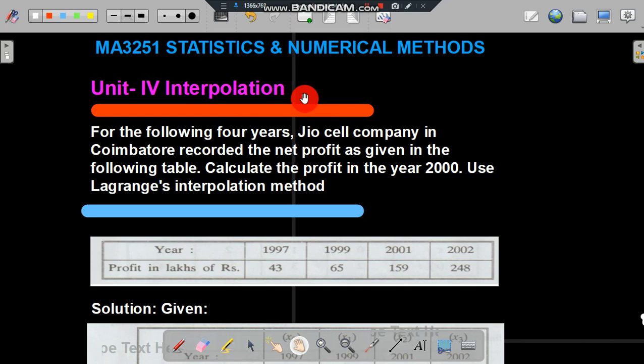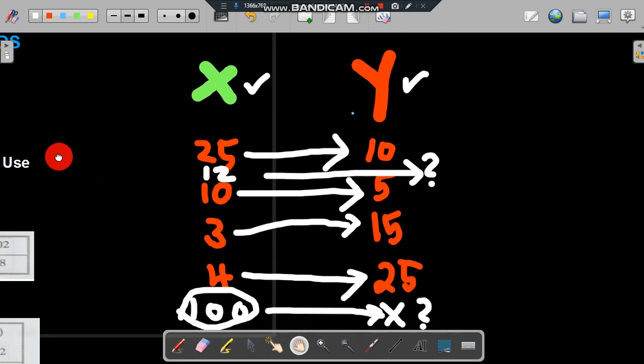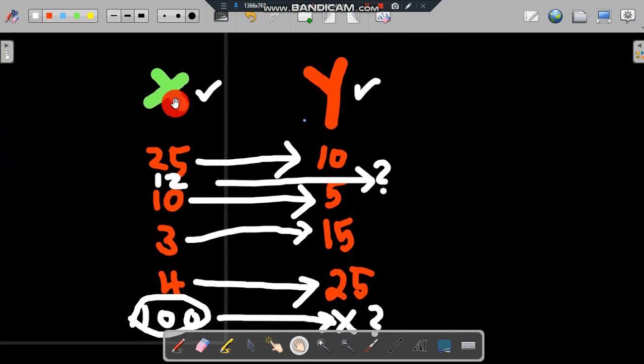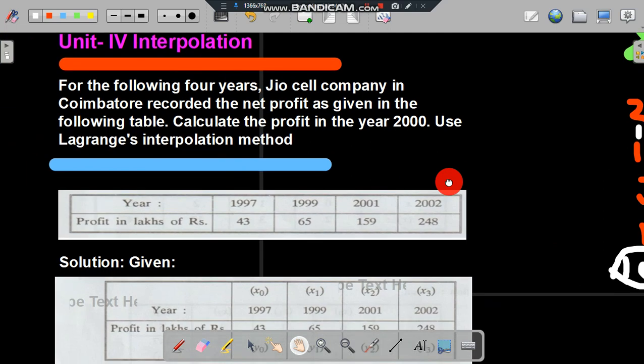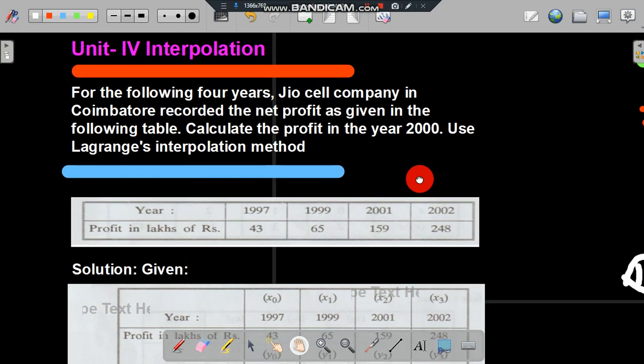That is, if the value of one variable is connected to another variable, for an unknown value of x we can find out the corresponding value of y. This type of problem we call an interpolation problem. Okay, so we'll take one example and discuss it.